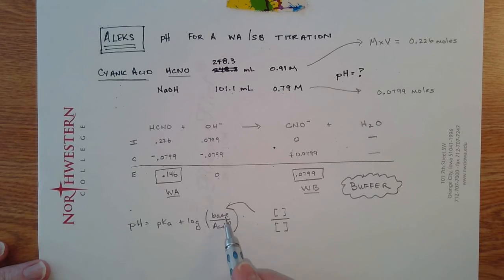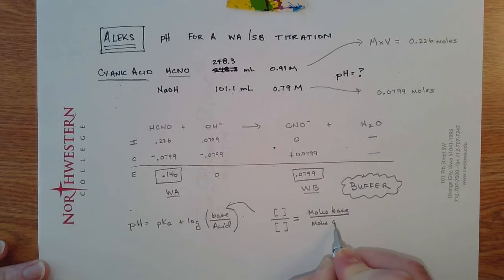But since the base and the acid are present in the same solution, we can say that the ratio of concentrations is going to be equal to the moles of our base component divided by the moles of the acid component. Because if we thought of concentration as moles over volume, the volume is the same in both cases, and it's going to cancel out. So that allows us to just use our moles, even though something about that ought to bother us a little bit because we're not using concentrations.